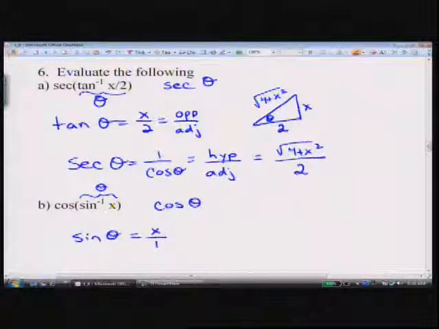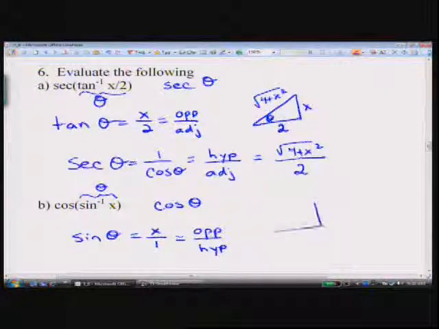I'm going to put that over 1. What's the ratio for sine? Opposite over hypotenuse. Is that familiar? Yeah? Okay, so this is opposite over hypotenuse.